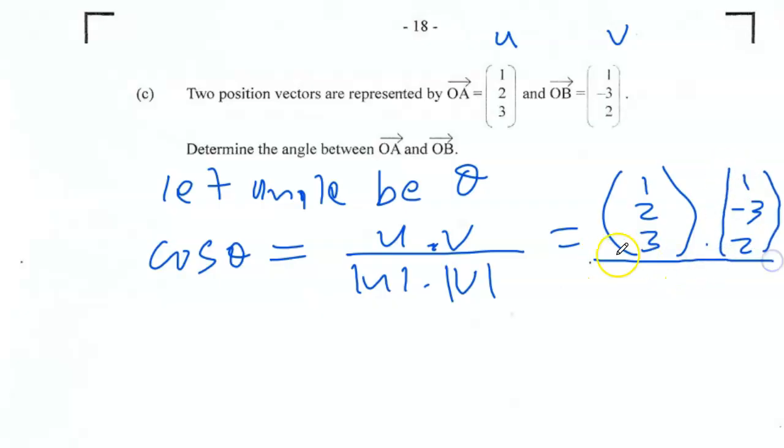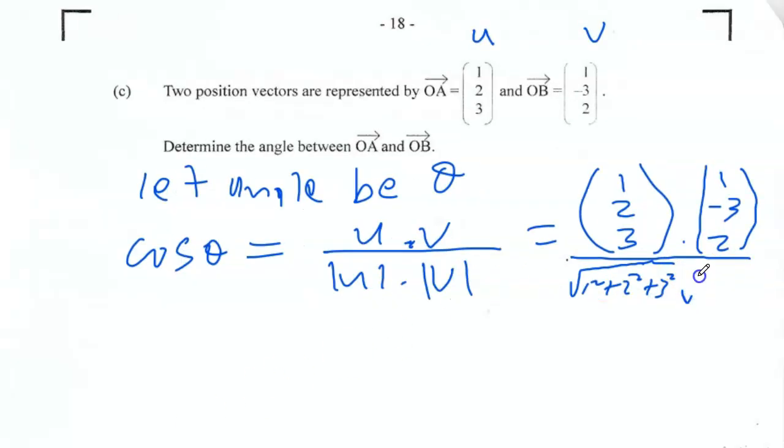Upon the modulus of U, which will be the square root of 1 squared plus 2 squared plus 3 squared, times the modulus of the other vector, which we call V or OB, is the square root of 1 squared plus 3 squared plus 2 squared.